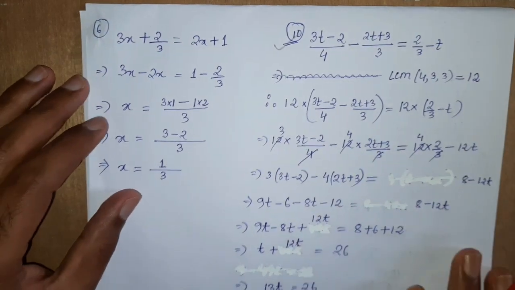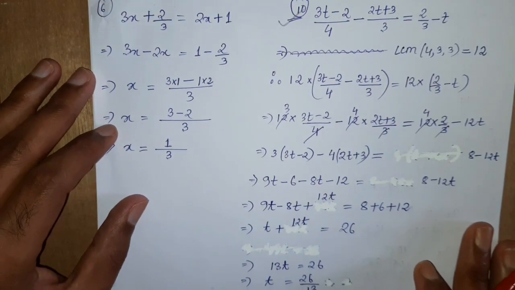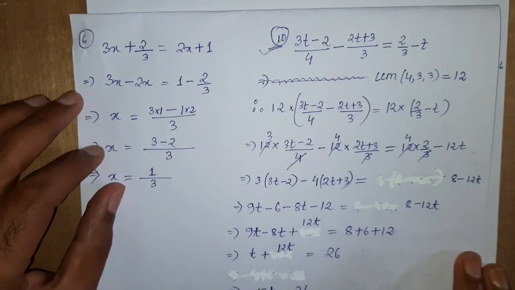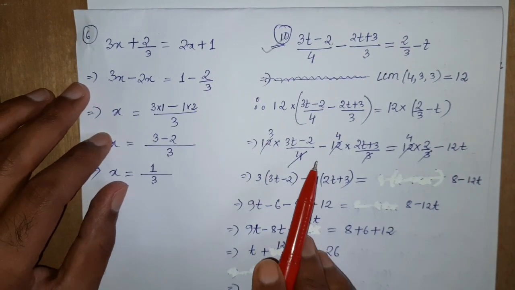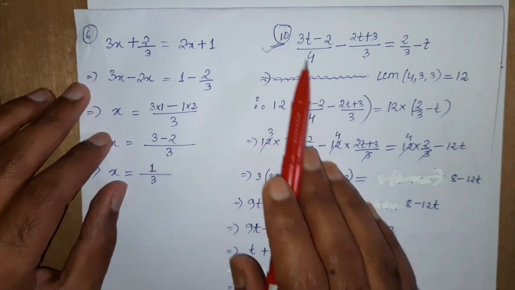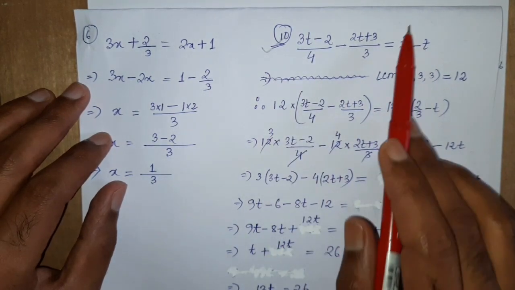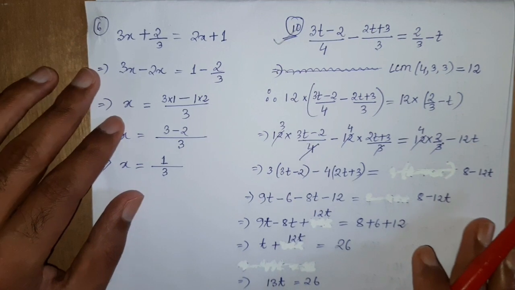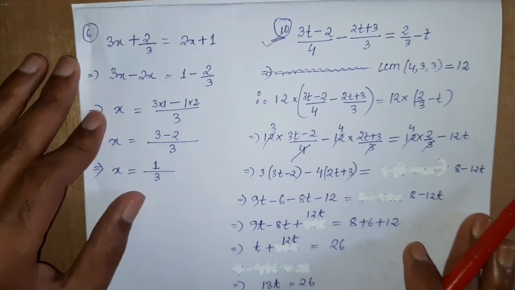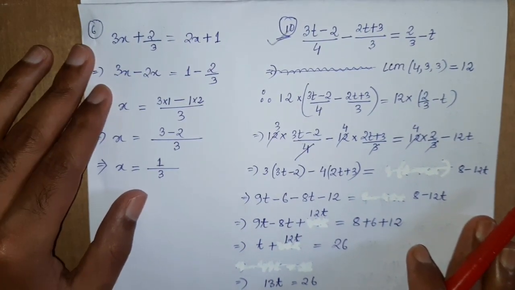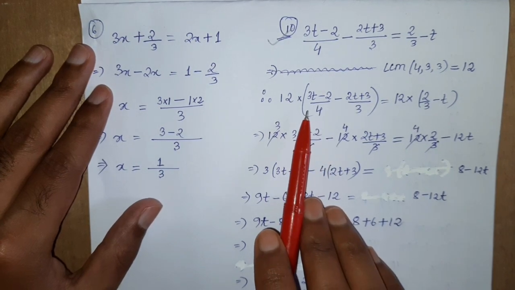So we multiply this LCM figure on both sides: 12 into the whole, 12 into the whole. Very important, you have to put brackets, otherwise it will lead to a wrong result and a wrong calculation.